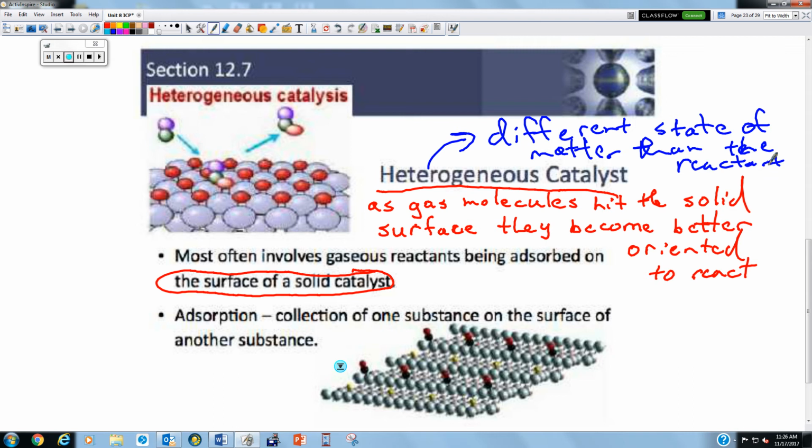And so in this particular case, you're looking at a solid catalyst with a gaseous reactant involved.